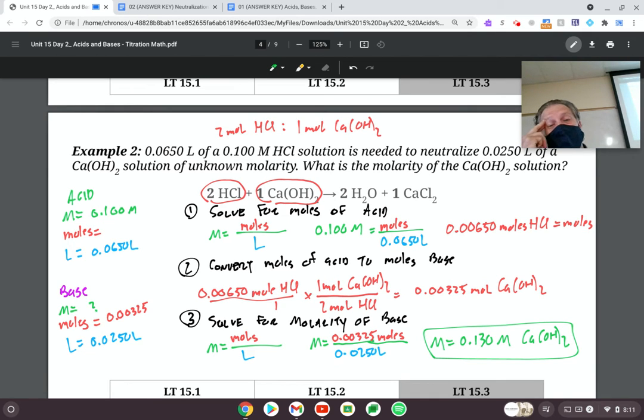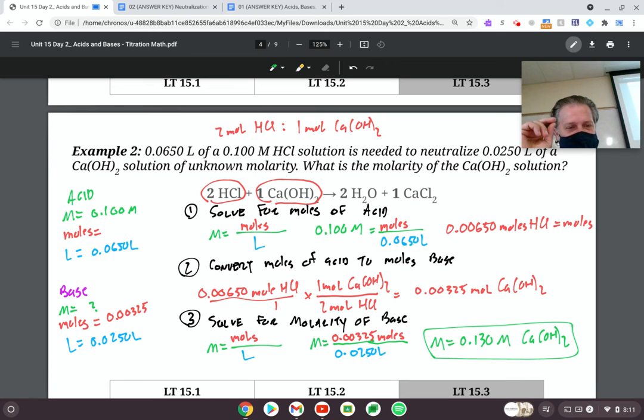Now, I'd like to point out something that's really pretty important here. First of all, I used the molarity formula to solve for moles of acid, which we did before. Step 2 is to convert moles of acid to moles of base, doing a simple stoichiometry calculation. This time the ratio was 2 to 1. So I had to divide the number of moles of acid by 2, and I got 0.00325 moles of calcium hydroxide.